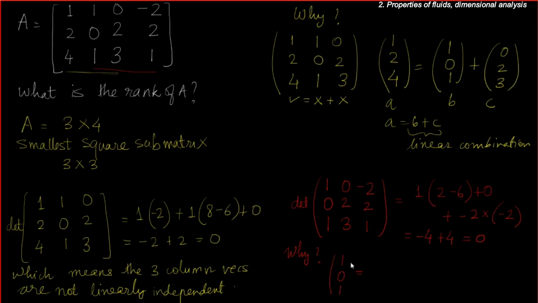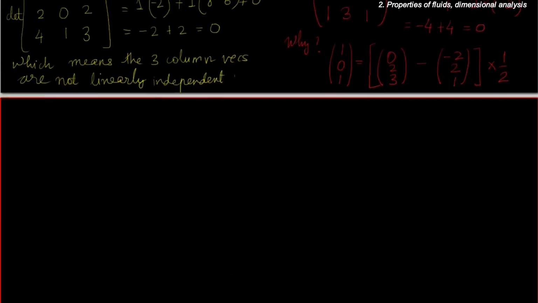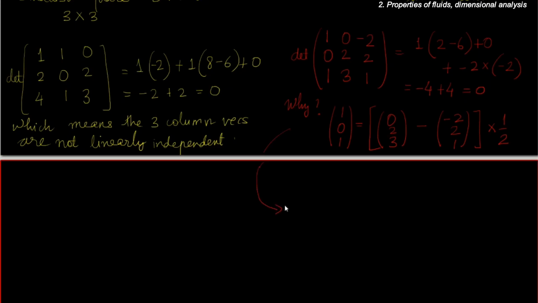We can see by inspection that the first column is equal to half times the second column minus half times the third column.